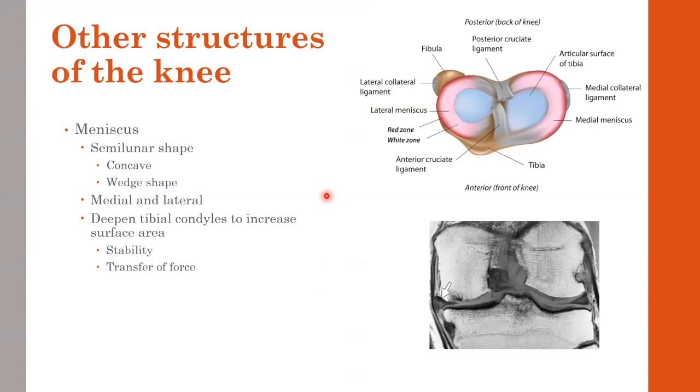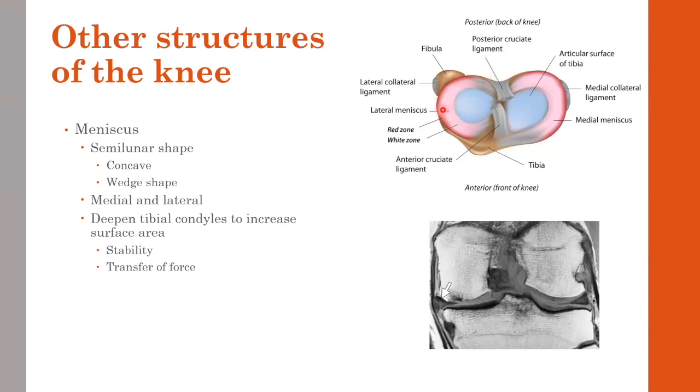Another important structure we see in the knee is our meniscus. We have a medial and lateral meniscus. The medial meniscus is characterized by this larger C shape, and the lateral meniscus is characterized by this smaller C shape.